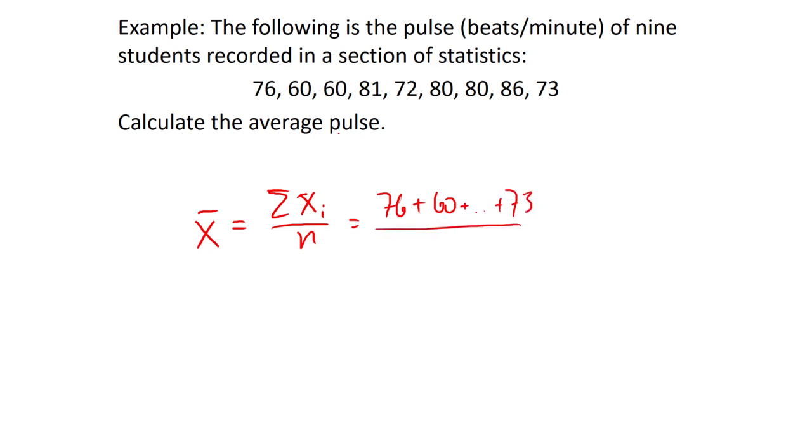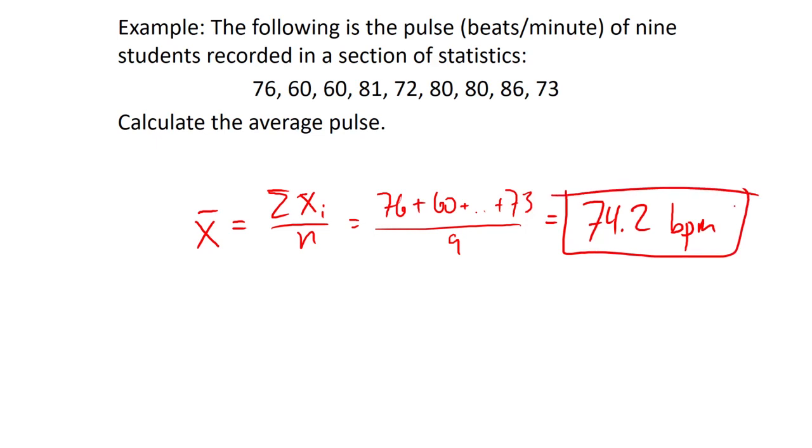What's the sample size here? 9. Something like that. 74.2. Perfect. And then the units of the mean are just the same as the units of whatever you're measuring, right? Okay. So it's just adding them all up, dividing by however many there are, boom, you get your mean. Everybody okay with that?